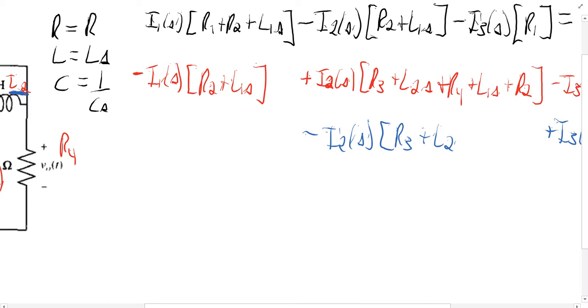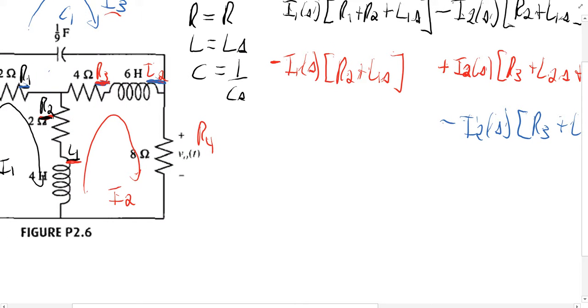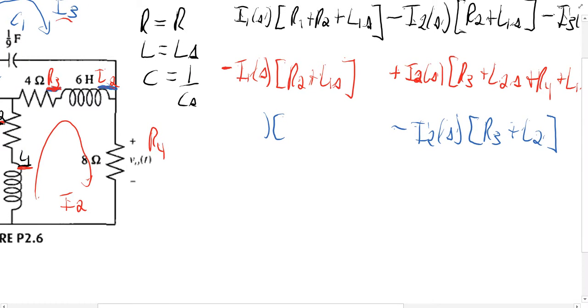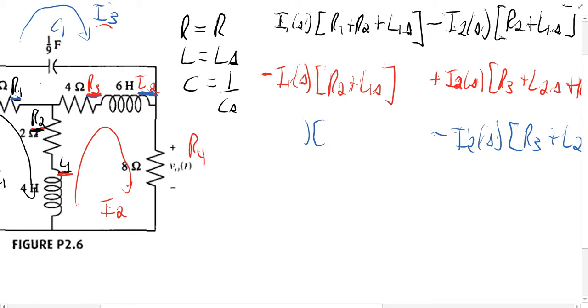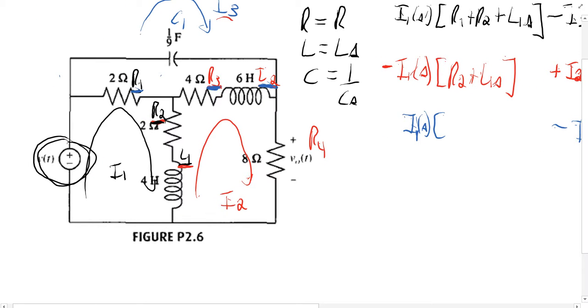And finally, let's do I1 of S. So we subtract again and open parentheses, and now we're gonna look at what components are being shared by I3 and I1. So in that case it's gonna be R1.